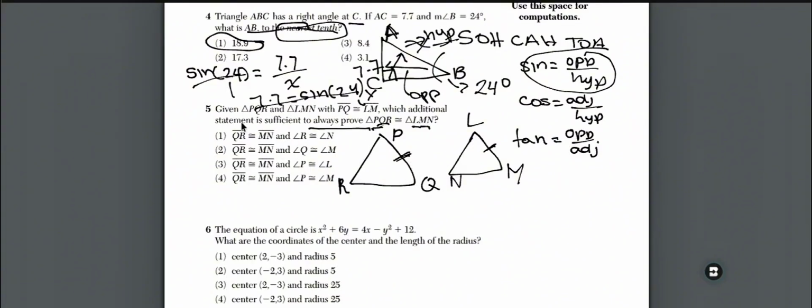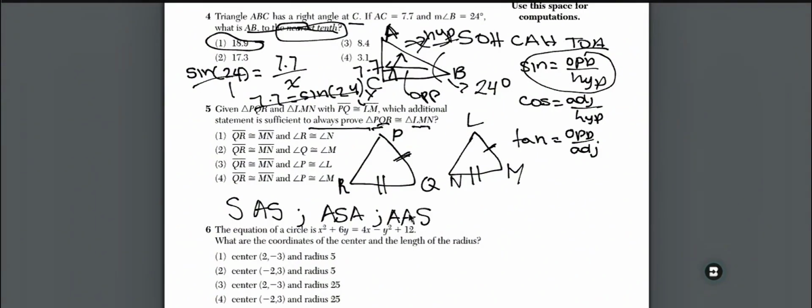So, if I examine my answer choices, all of my answer choices say that line segment QR is congruent to line segment MN. Okay, I have 2 sides that are proving congruency. If I recall my triangle congruency theorems, I know that I can have side, angle, side. I can have angle, side, angle, and I can have angle, angle, side.